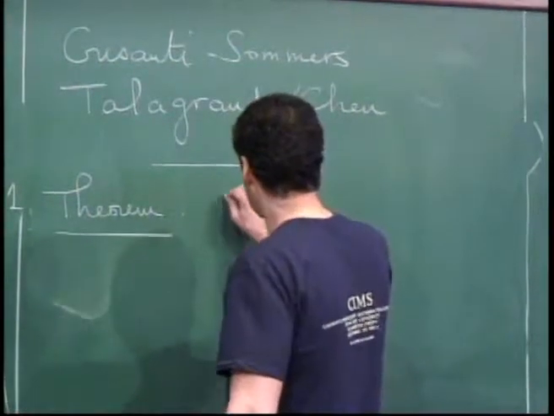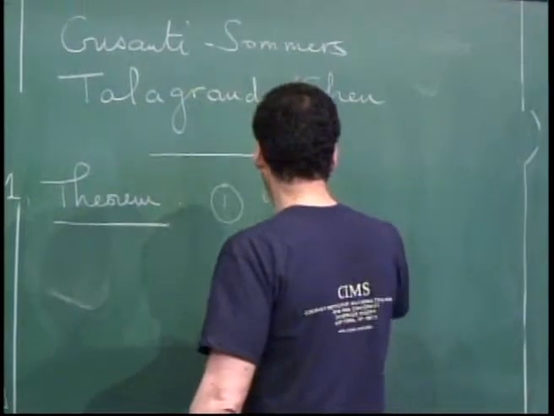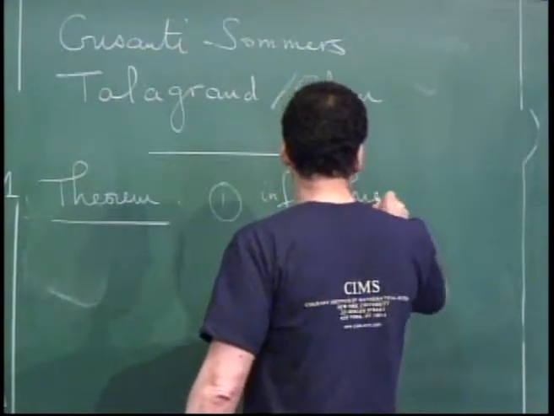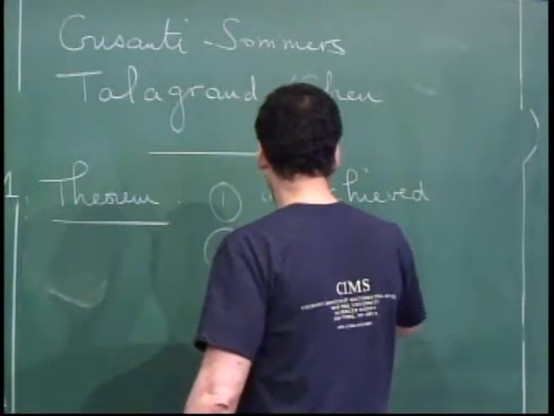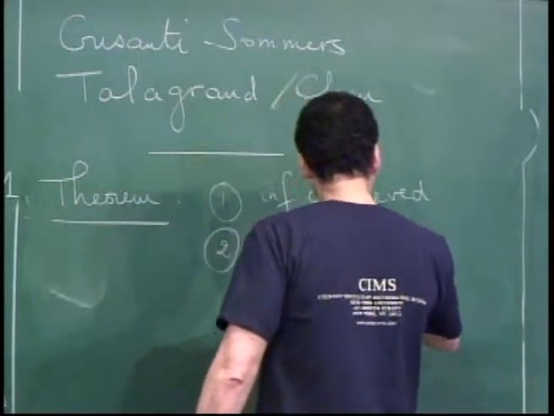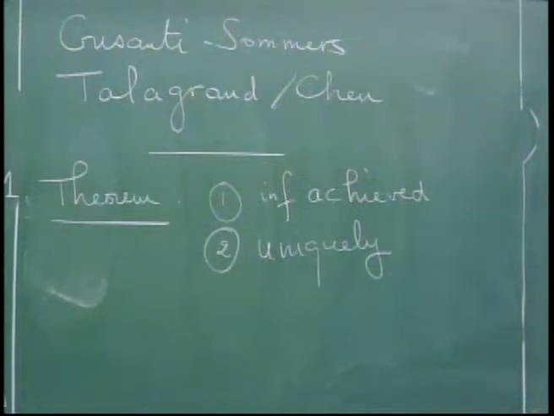So first, I can answer the first two questions. The infimum is achieved. And second, uniquely. So there exists a unique minimum. This minimum we will call the Parisi measure. Here there is a Parisi measure, whereas here we are not sure in general.